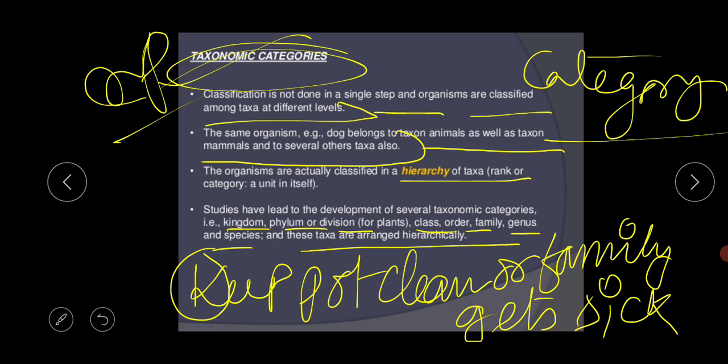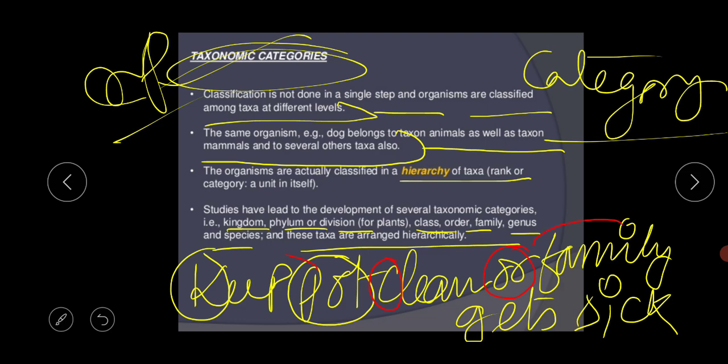Keep means K for kingdom. Here the word P means phylum. Next word is clean, so the first letter C means class. Next word is or, so the first letter O means order.